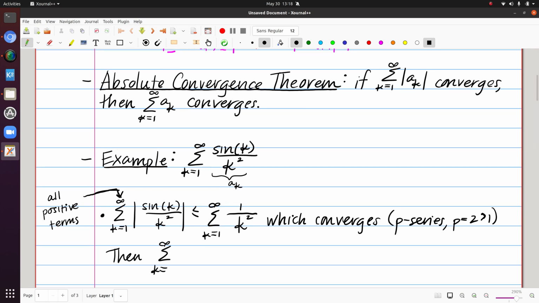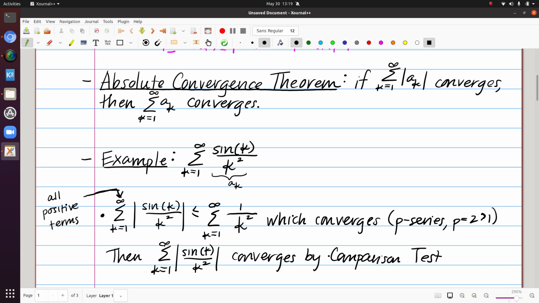So what I'm allowed to say is, notice that I'm not jumping straight to the original series, but what I can say at this point is that the sum of the absolute value of our terms converges, and my justification is that's by the comparison test. These last two lines are a complete justification that the sum of the absolute value of the terms converges.